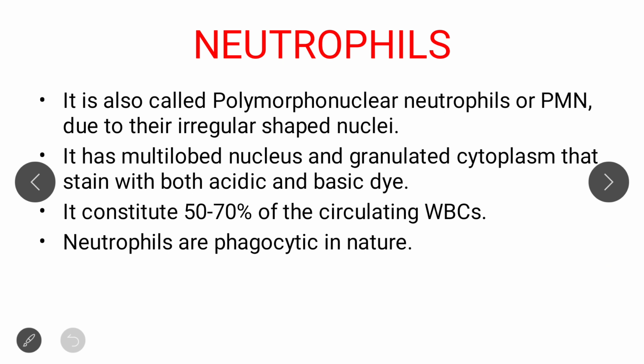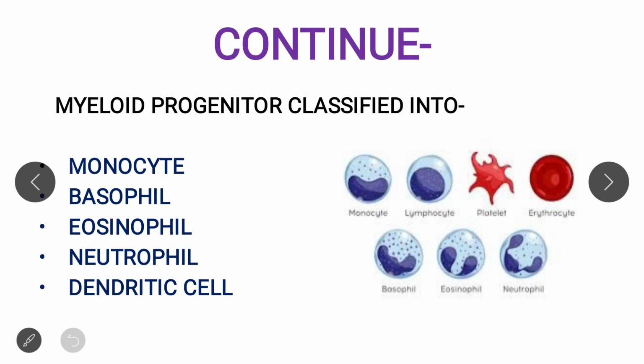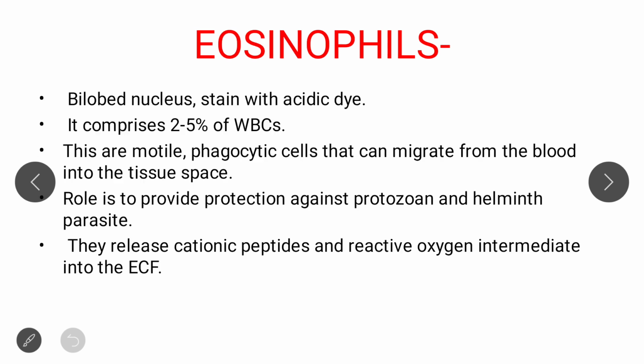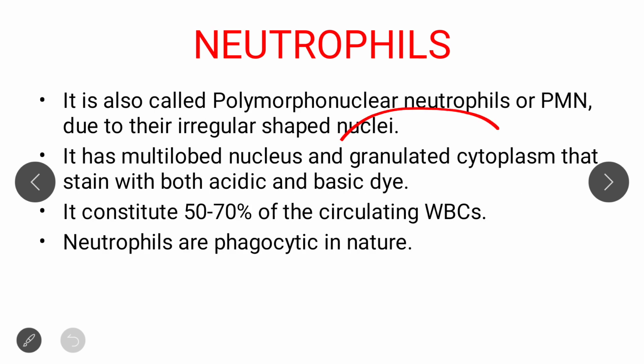It has a multi-lobed nucleus and granulated cytoplasm. Obviously it is granulated because it is a part of the granulocytes. See, these dots are a sign of granulation.